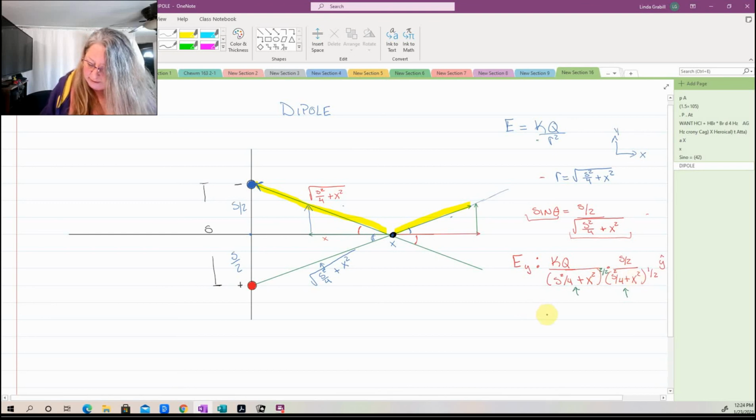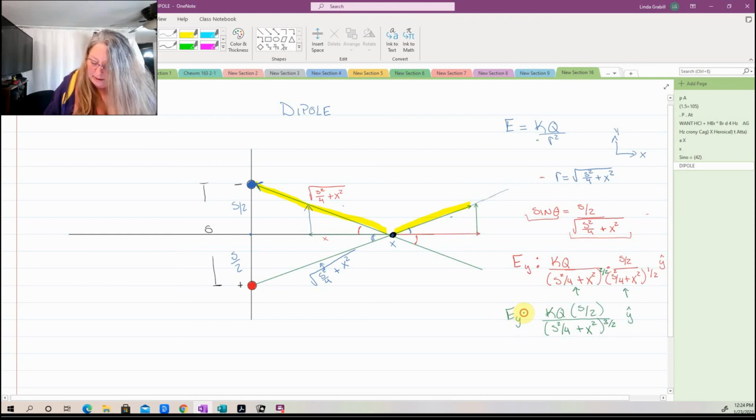So let's rewrite that. So I'll have kq s over 2 divided by s squared divided by 4 plus x squared, to the 3/2. And this is y hat. Okay, so that's my E in the y.